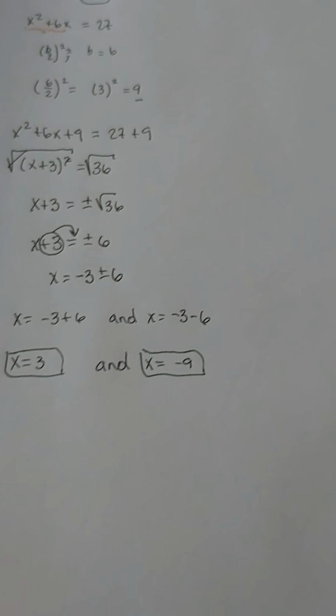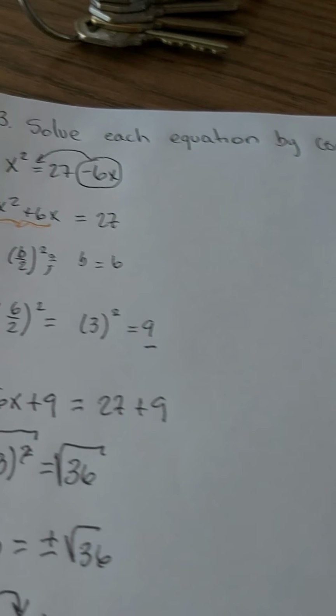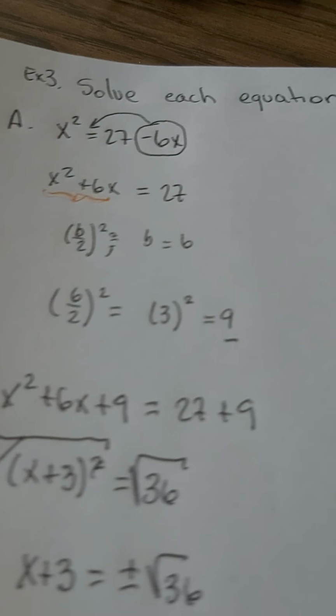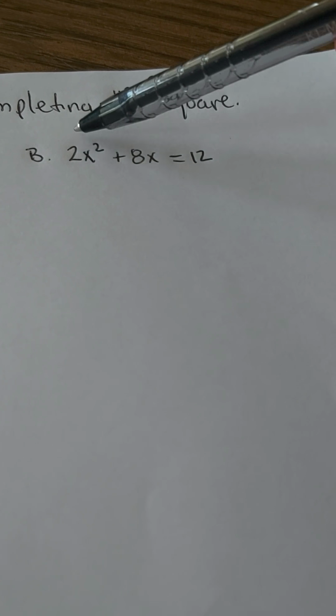Now if we look at example B, we have 2x squared plus 8x equals 12. Notice in example 1, the value of a was equal to 1. In this case, it is equal to 2. So we're going to have to make this 2 a 1.